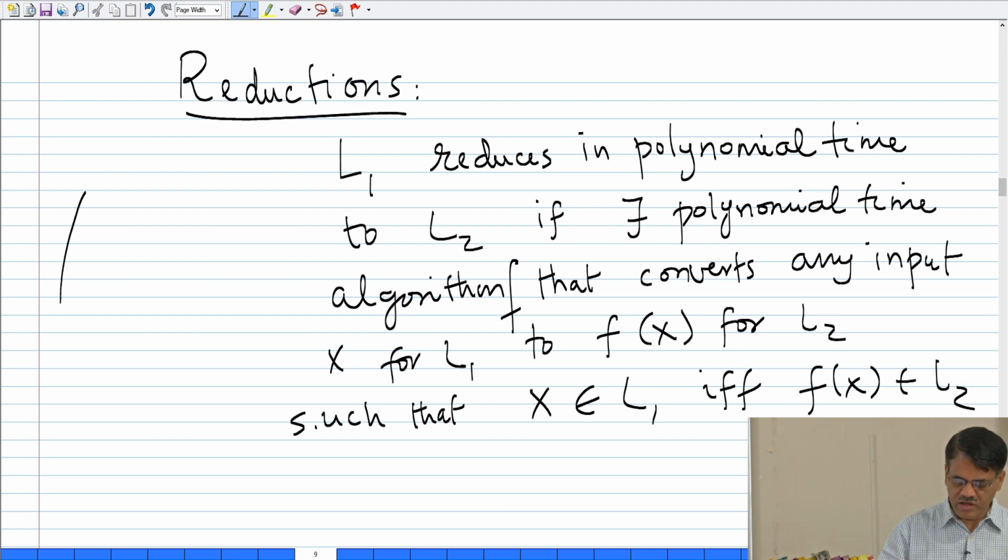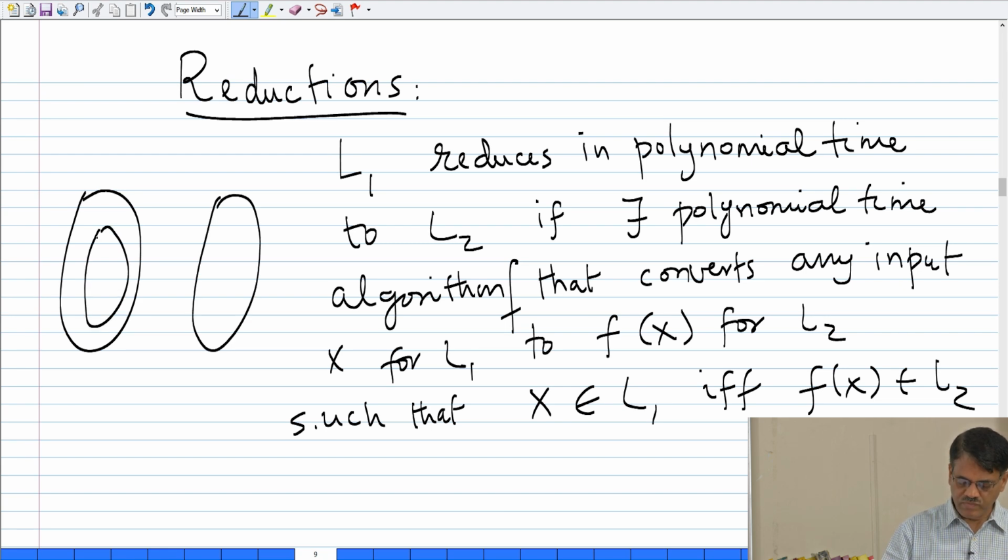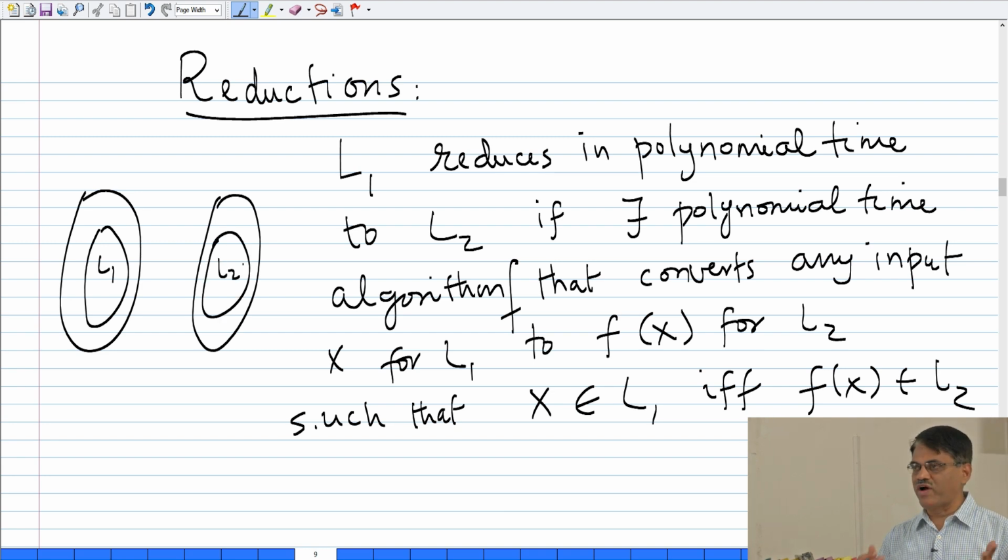Remember the way I defined what a problem is, in terms of this language. So, here is the set of all instances for my problem.